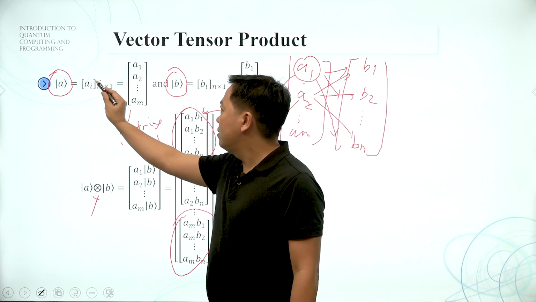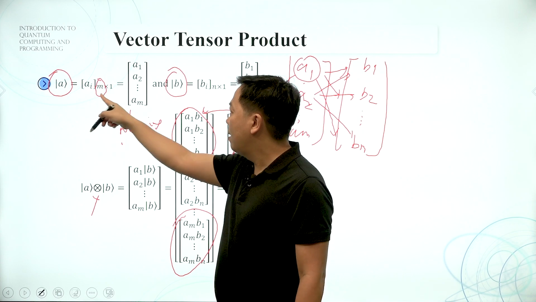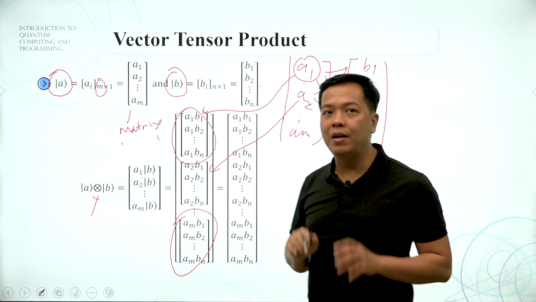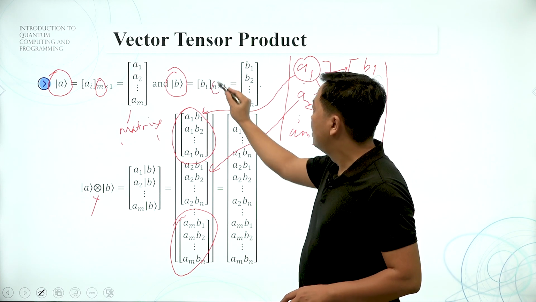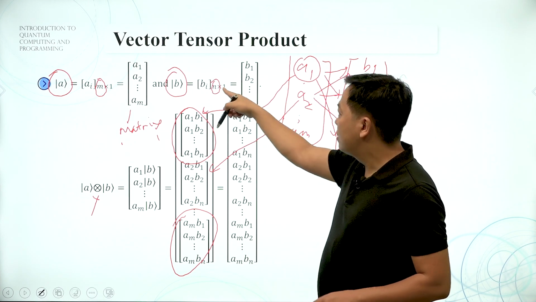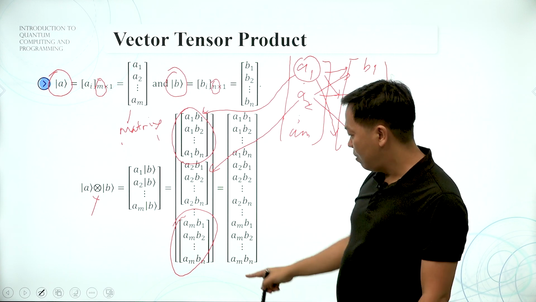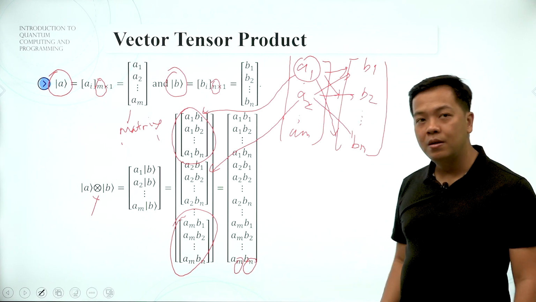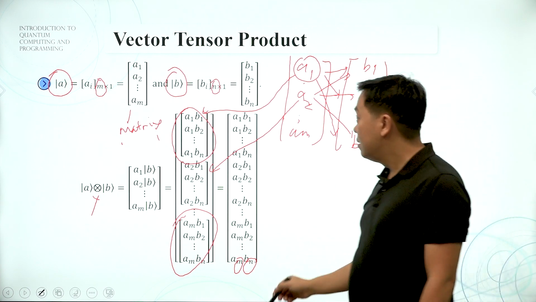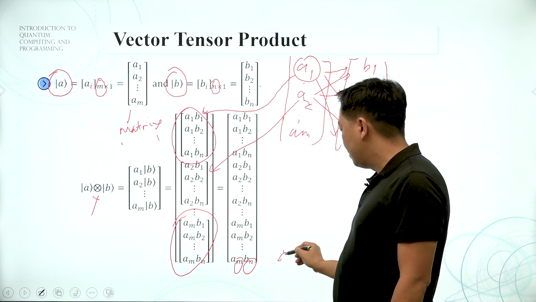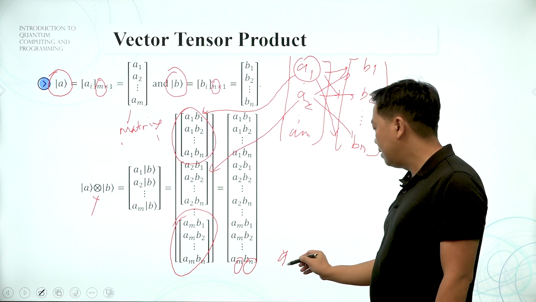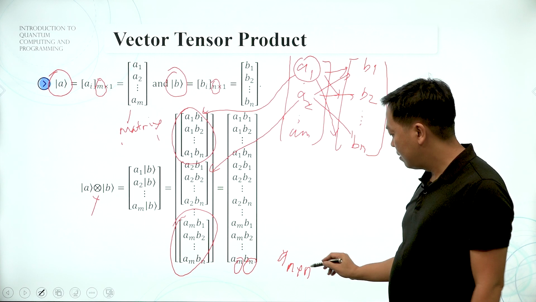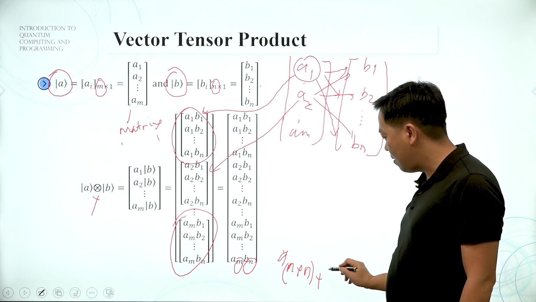Remember, vector A has m values in one column, and vector B has n values in one column. So the total will have m times n values in one column.